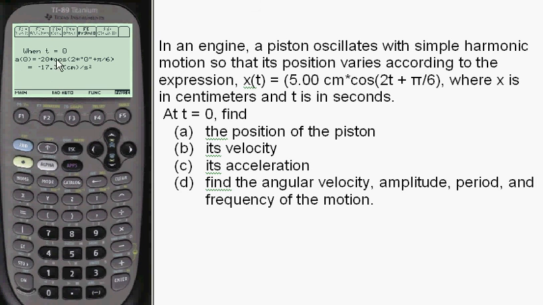That's equal to minus 17.3 centimeters per second squared at t equals 0. And x is the position function, so we substitute t into the actual function and do the calculation. It turns out to be 4.33 centimeters.